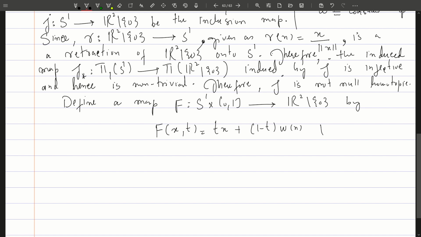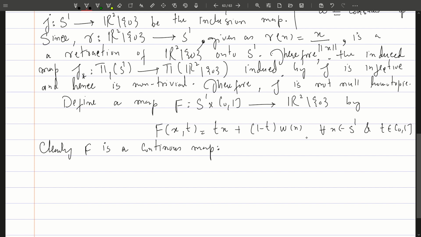This is true for all x in S1 and t in the interval [0,1]. Clearly F is a continuous map, being linear.